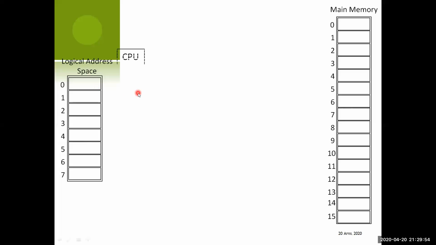Next, in paging, the CPU generates a logical address. The logical address consists of two components, P and D, where P is the page number and D is the offset.